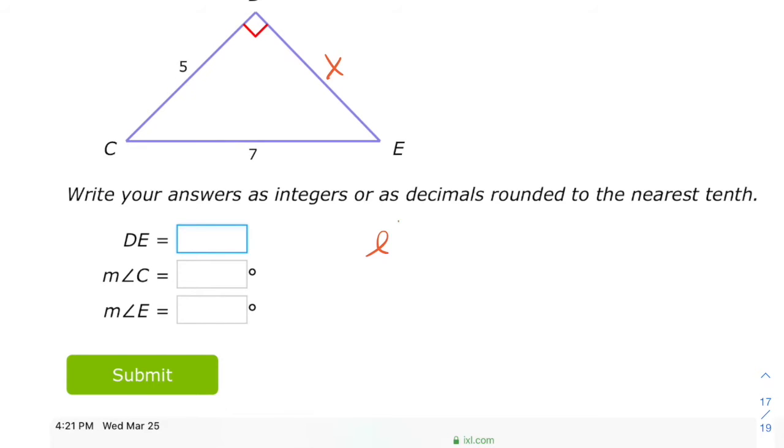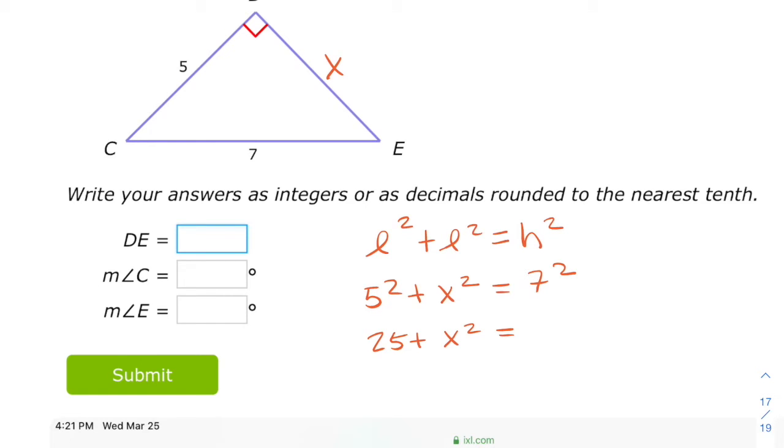So leg squared plus leg squared equals hypotenuse squared. So we're going to do 5 squared plus x squared equals 7 squared. So 25 plus x squared equals 49. Take away 25.